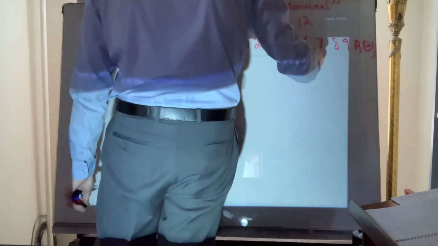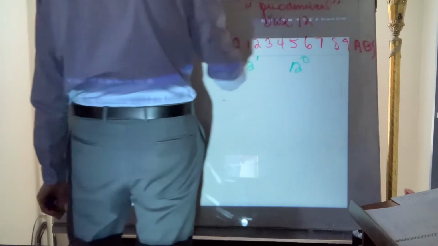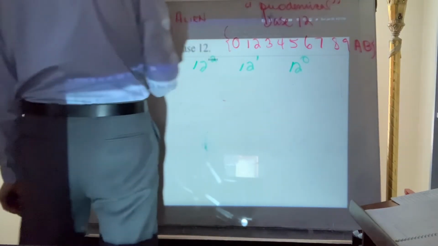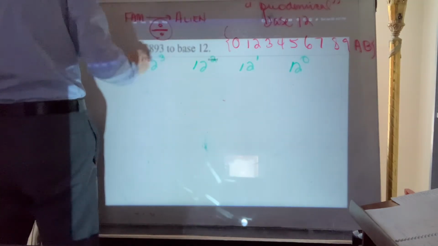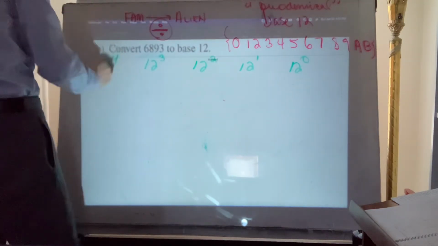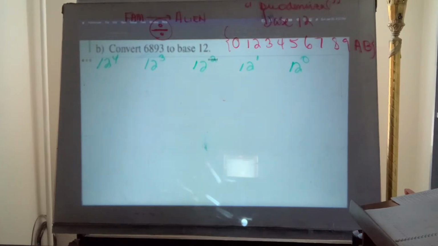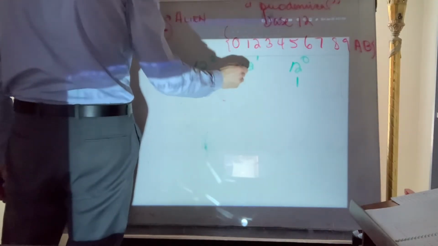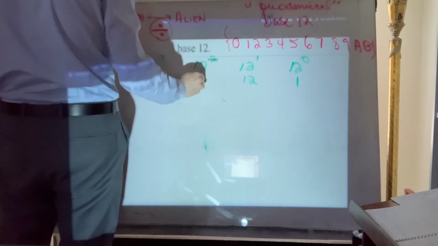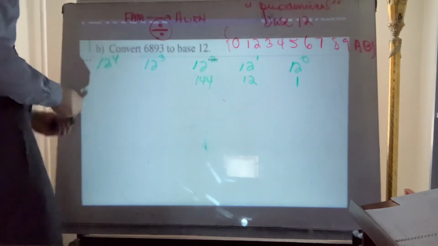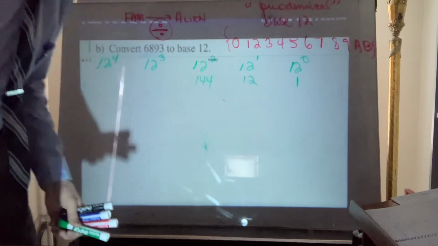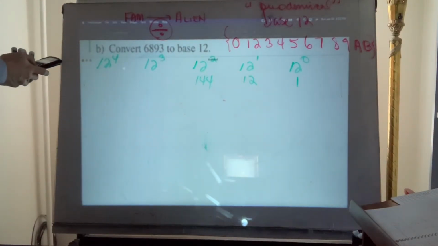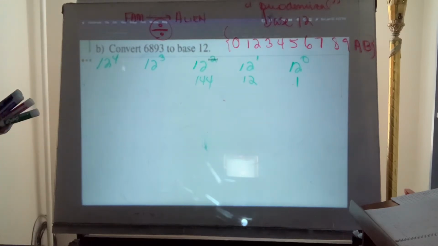12 to the 0, 12 to the first, 12 to the second, 12 to the third, 12 to the fourth. Hopefully that would be sufficient. Okay. 12 to the 0 is 1, 12, 144. I've already forgotten, 700 something. 12 to the third, 1728, sorry.